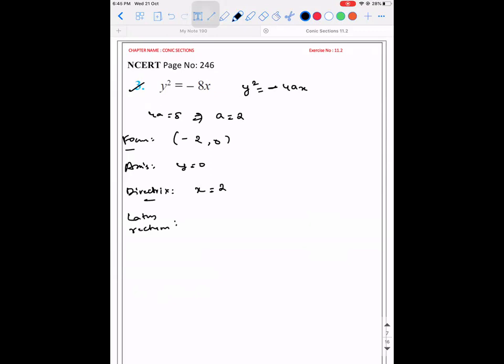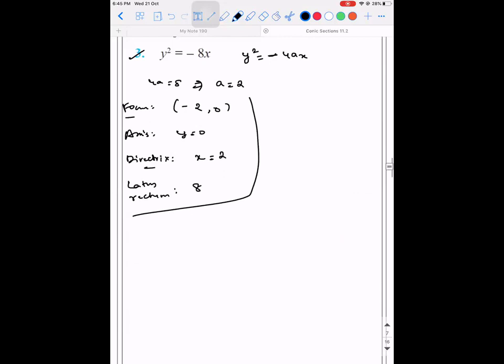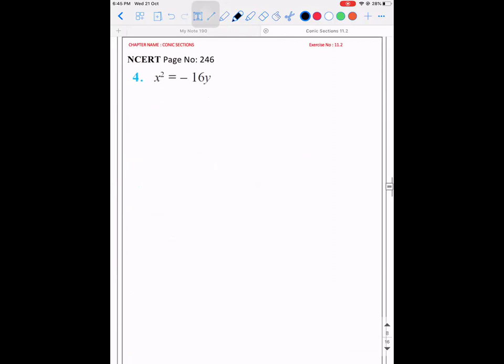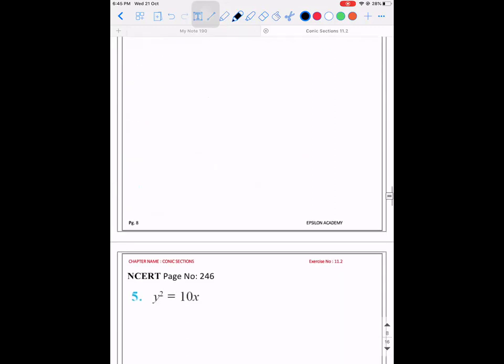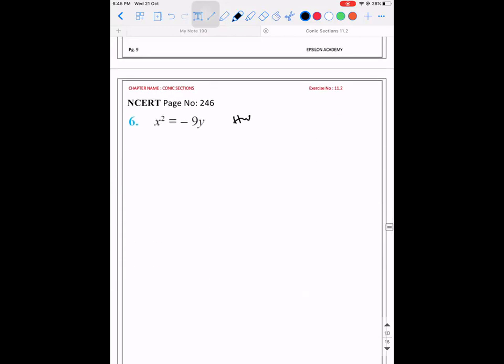Latus rectum: 8. So this one, do it as homework.